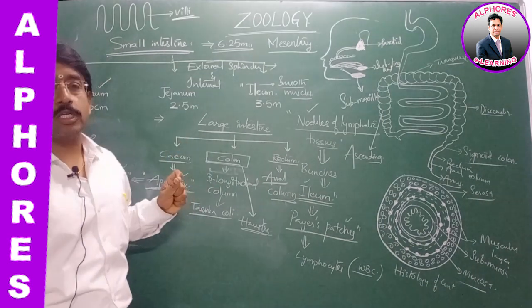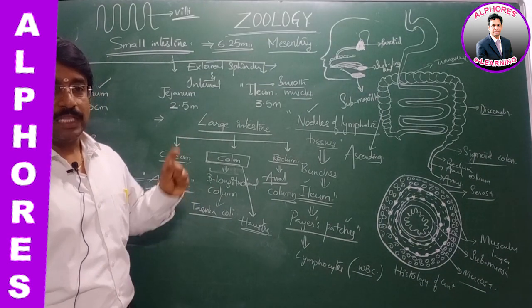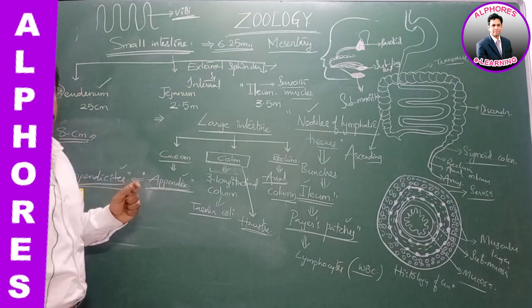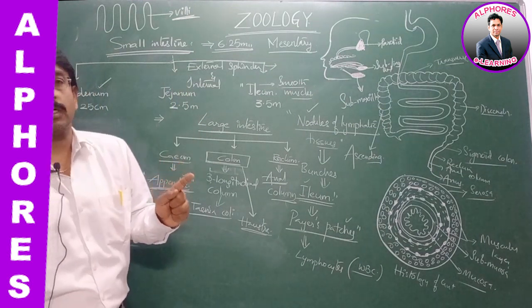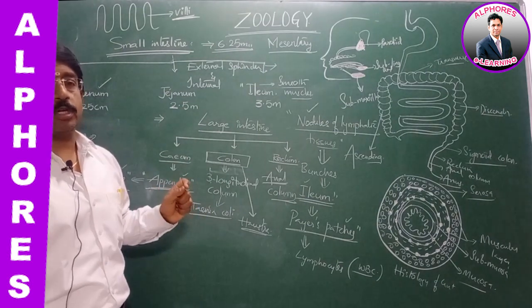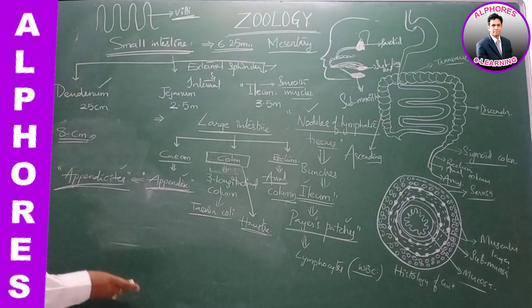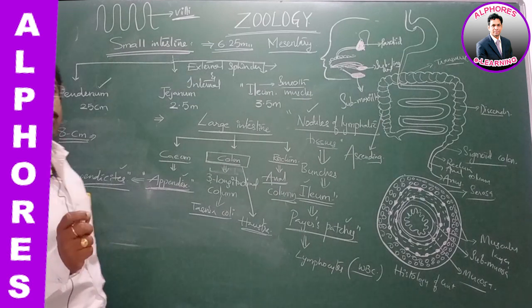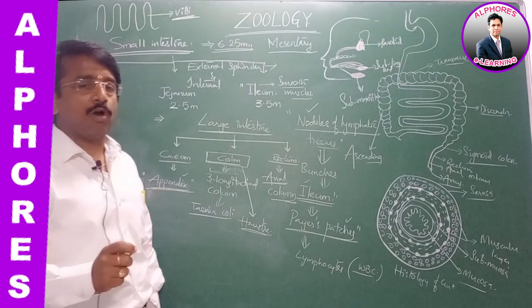The common bile duct combines with the pancreatic duct to form the hepato-pancreatic duct, which is also named the ampulla of Vater.